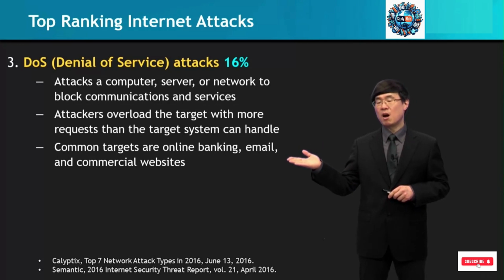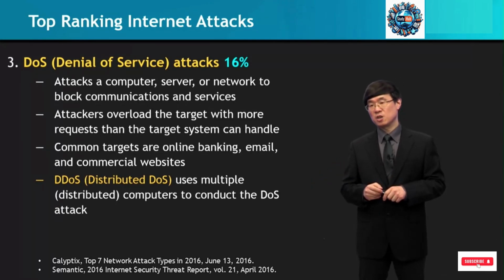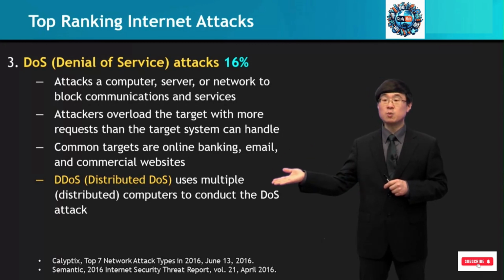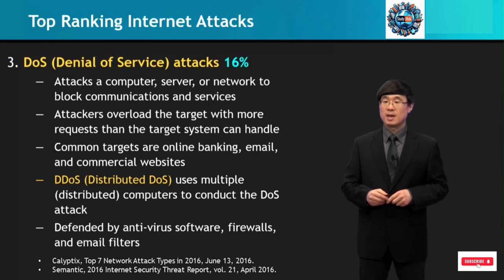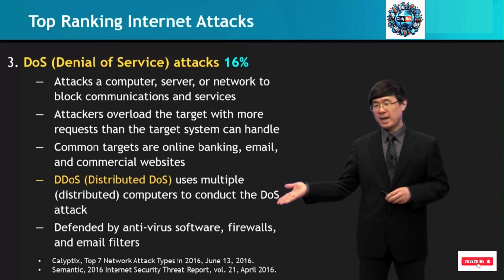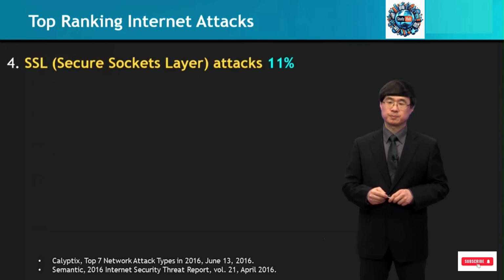Common targets are online banking, email, and commercial websites. A DDoS attack, which is a distributed denial of service, uses multiple distributed computers to conduct the DOS attack. This can be defended by antivirus software, firewalls, and email filters.